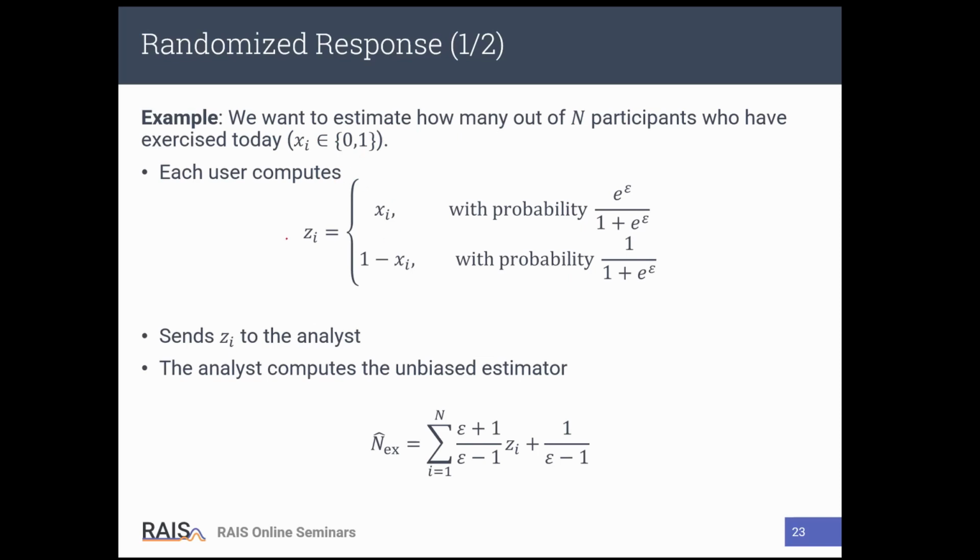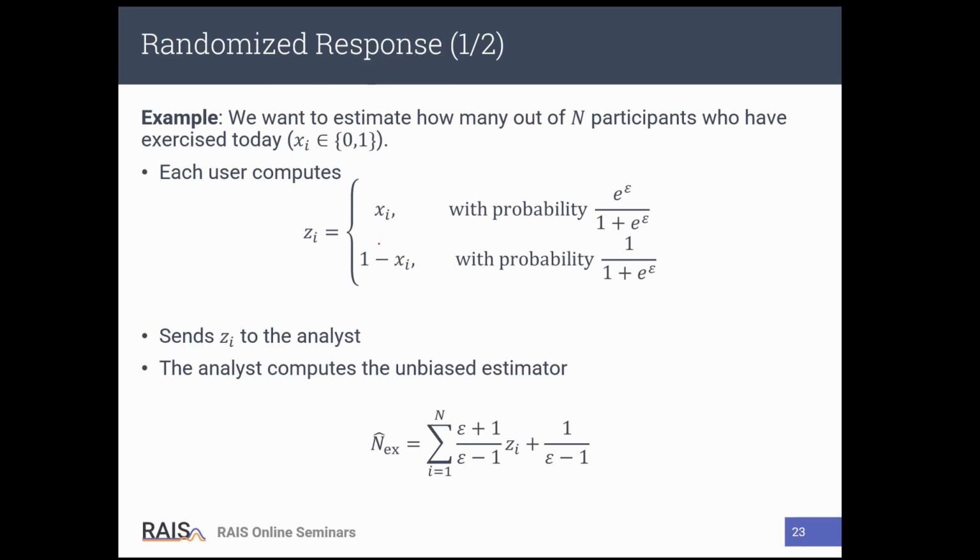We assume that they don't want to disclose this information publicly and not anonymized. So we tell them, instead of disclosing their actual bit of information, to disclose this: they disclose the actual information with a certain probability, and with the complementary probability, they disclose the complementary information.